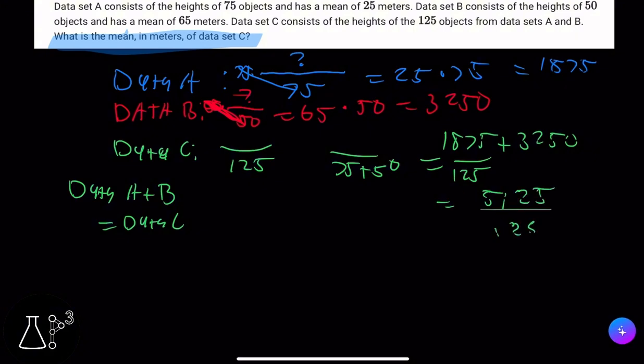And if you plug it into a calculator, you're going to get the answer of 41. So our mean for dataset C is going to be 41, and that is indeed our answer.